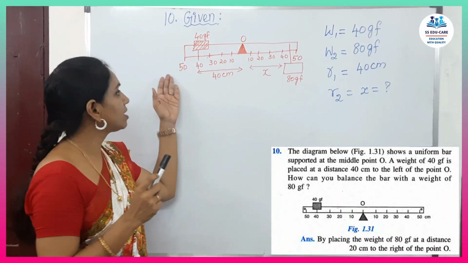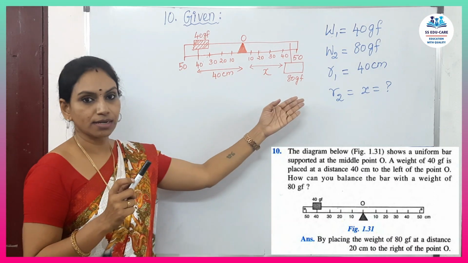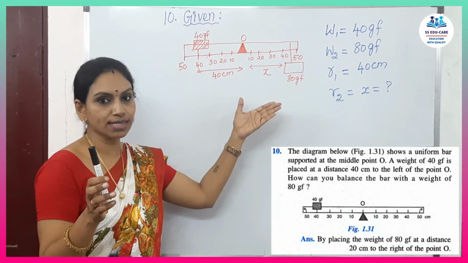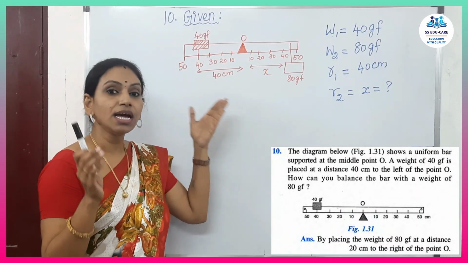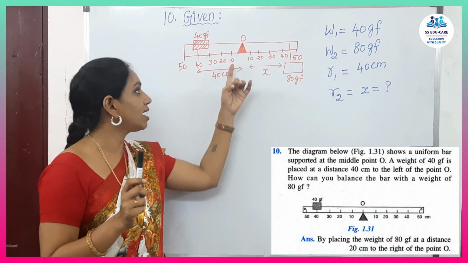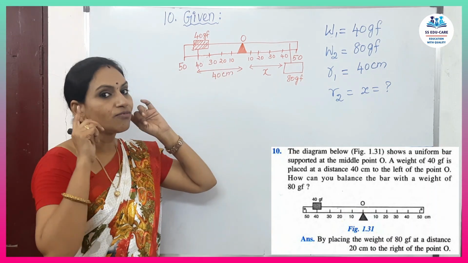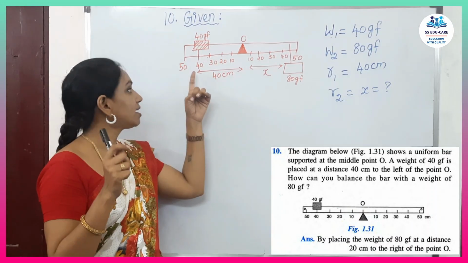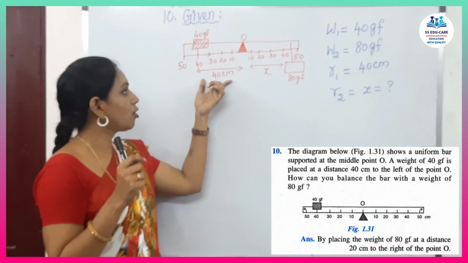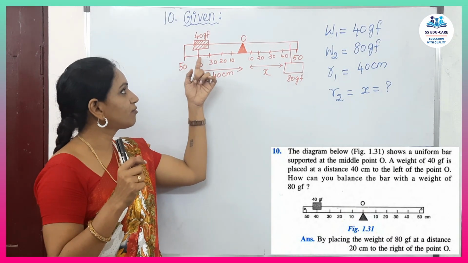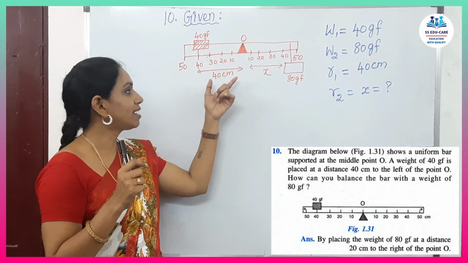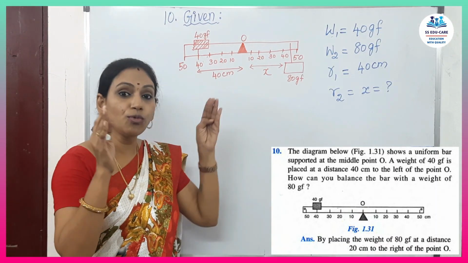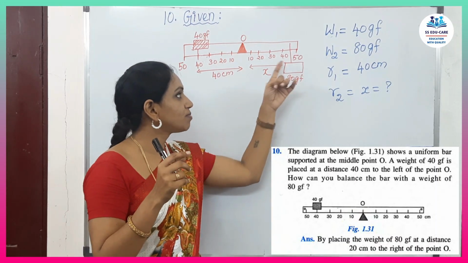What is given here? This is your bar, which is 50 centimeter on either side, which means it is pivoted exactly at center. Weight 1 is 40 gram force, which is suspended at 40 centimeter from the pivoted end. And next, they are asking us, where should 80 gram force be balanced?